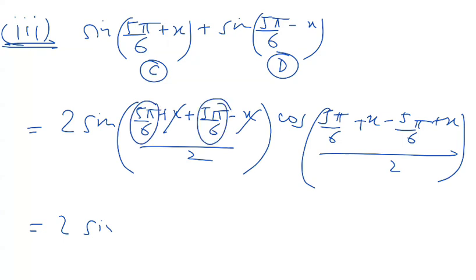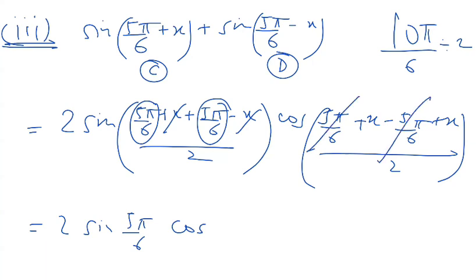Pi by 6 plus pi by 6 is 10 pi by 6, and 10 pi by 6 divided by 2 would be 5 pi by 6, into cos of 2x upon 2, which is x. Now this value you can calculate using all silver teacups.